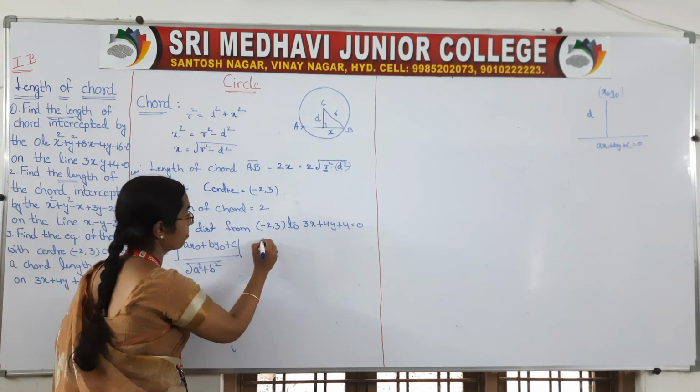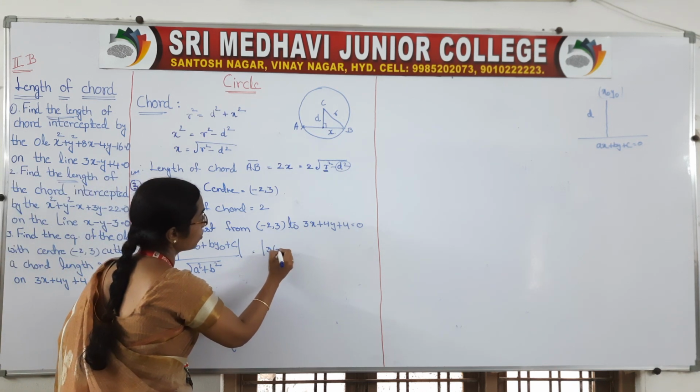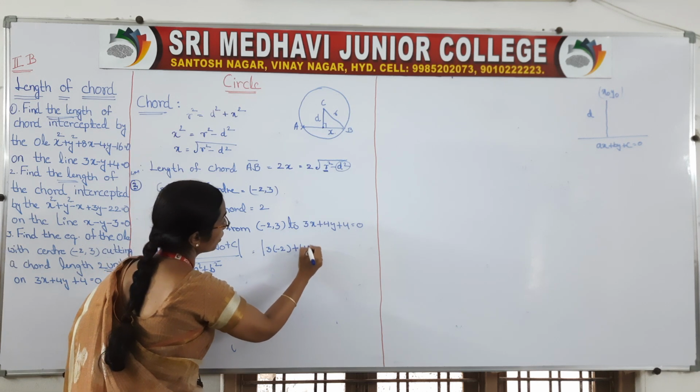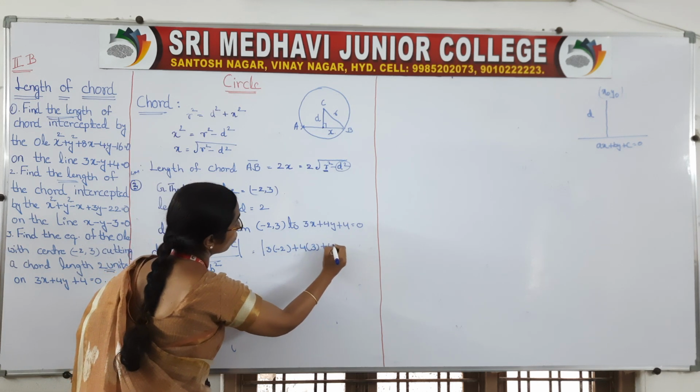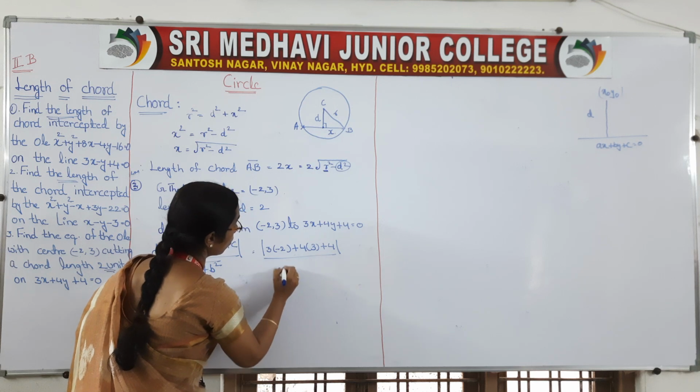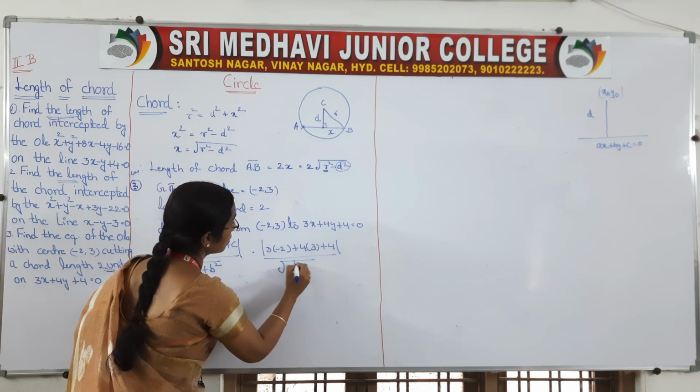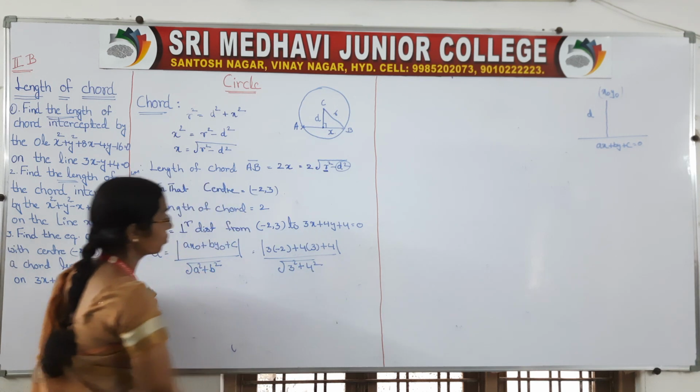Substitute in the formula. Come on, 3 into minus 2 plus 4 into 3 plus 4, by root of a square 3 square plus b square 4 square.